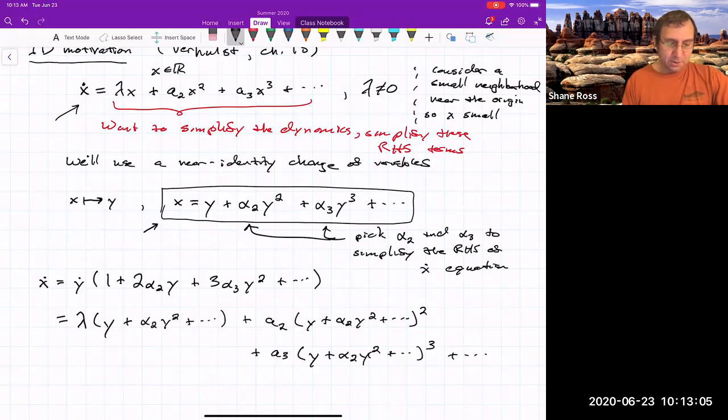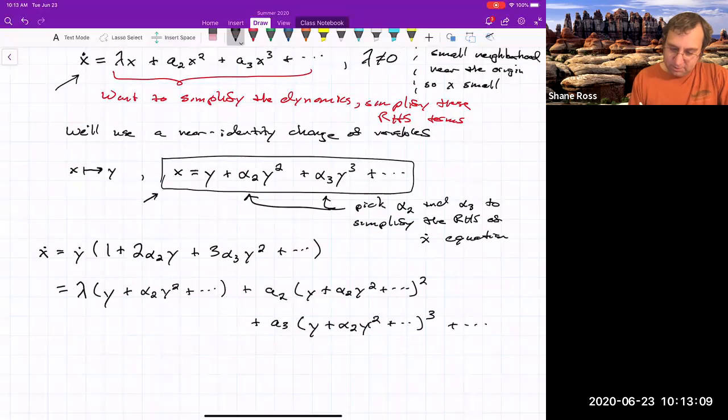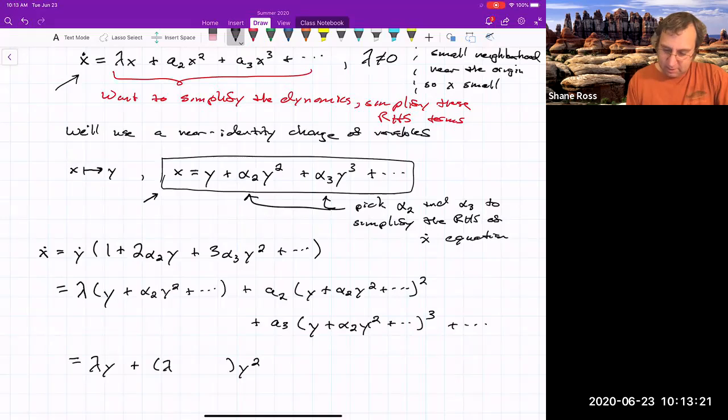Now collect the terms. Collecting terms, we get lambda y plus, and now we'll collect all the terms that are quadratic in y, lambda alpha 2 plus a2, plus, and now we'll collect all the terms that are multiplying y cubed.